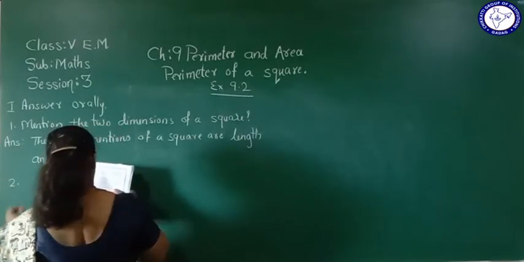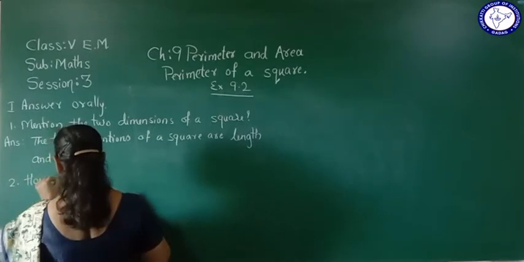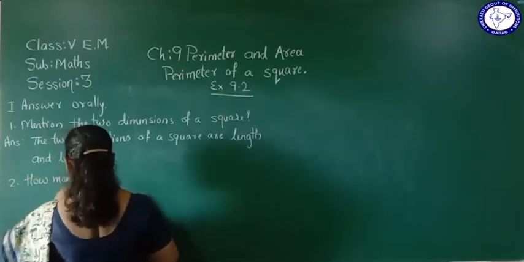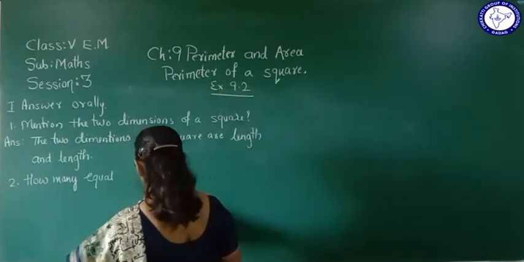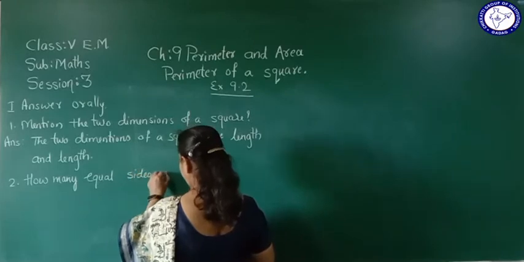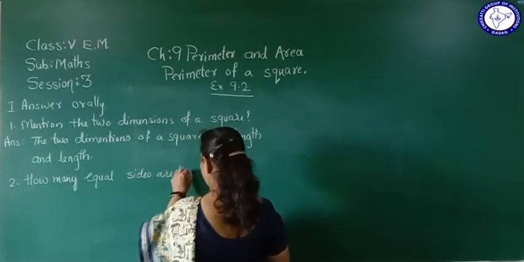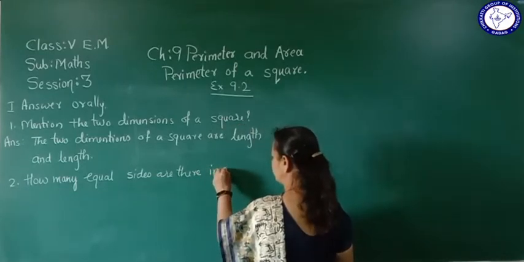Second one, how many equal sides are there in a square?